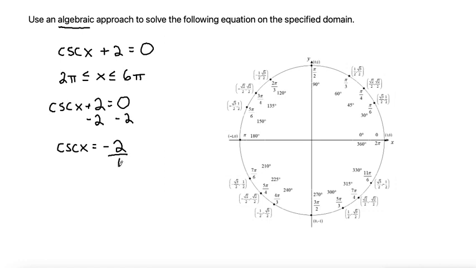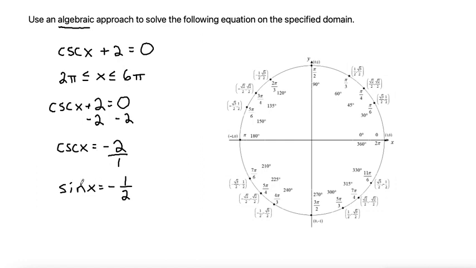If we see the negative 2 as being over 1, we can flip this side and write it as sine of x is equal to negative 1 over 2. So I think that's the easier way. We could write this as 1 over sine is equal to negative 2, but then we have to do some more solving. So I think this strategy is more simple.